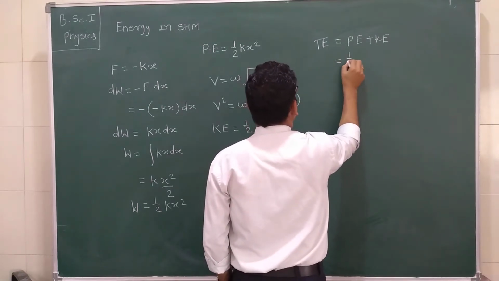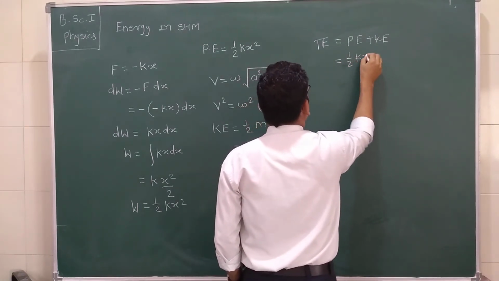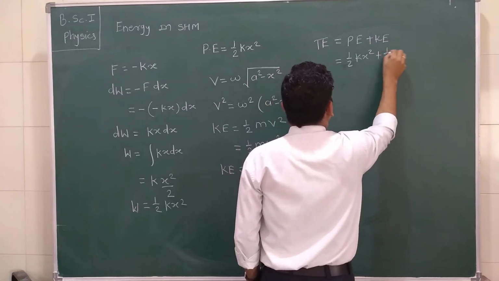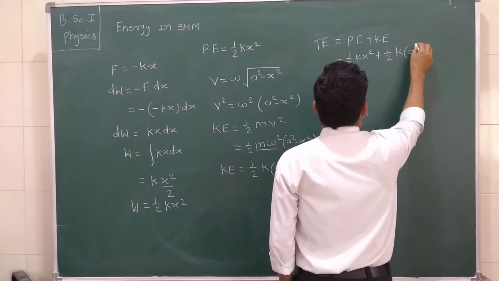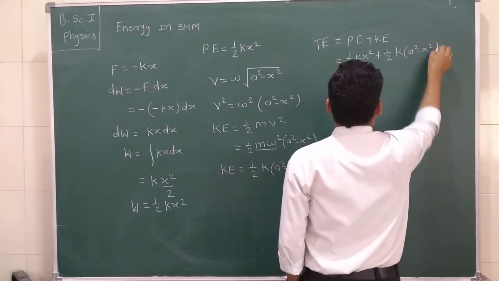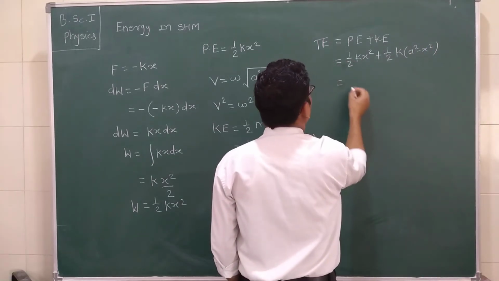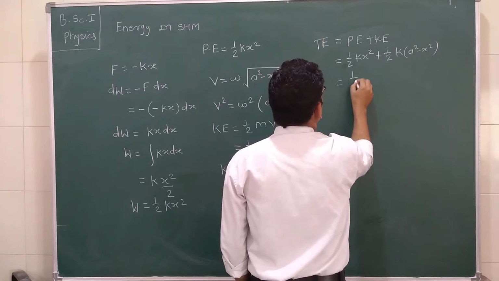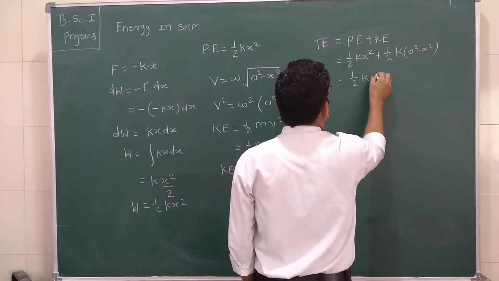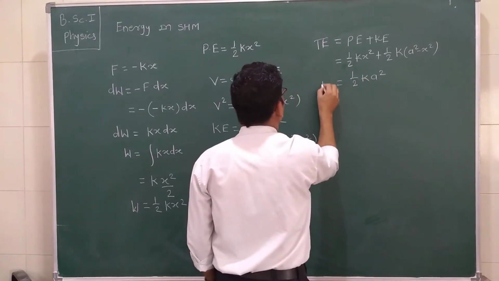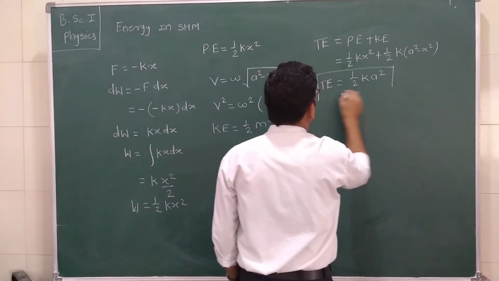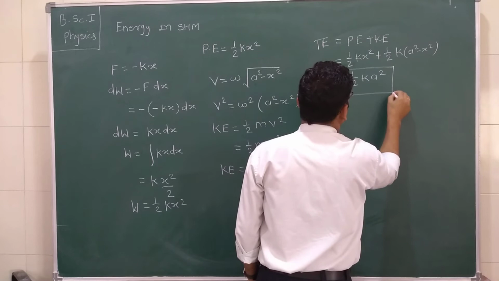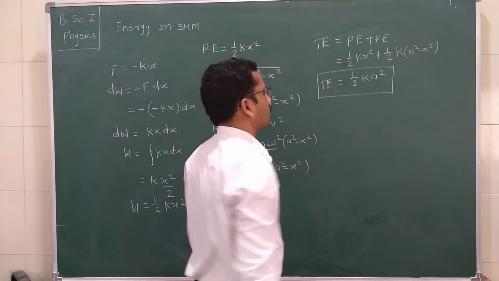It is equal to 1 half k into x square, plus what is kinetic energy? It is equal to 1 half k into (a square minus x square), which is equal to 1 by 2 k into a square. So after solving, we get the total energy of a particle performing simple harmonic motion.